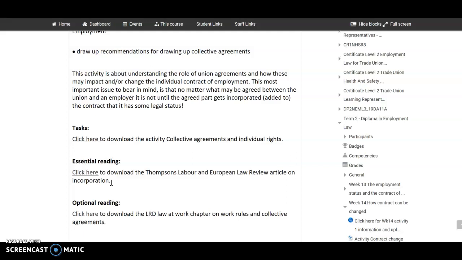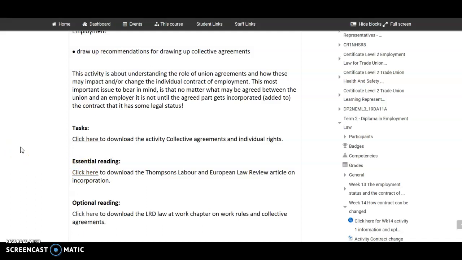There is a discussion after that, which I haven't necessarily included in the activity, which is, what does that mean? Does it mean an employer cannot change? Some of that is covered in the first activity. So my suggestion, ideally, would be that you get to do both, but either or will do for the purposes of the portfolio.